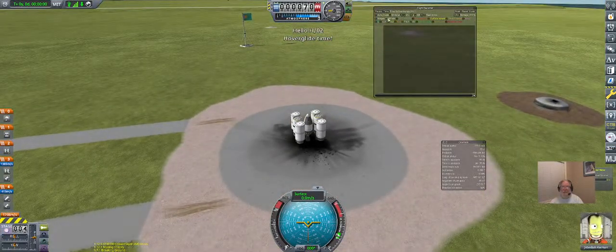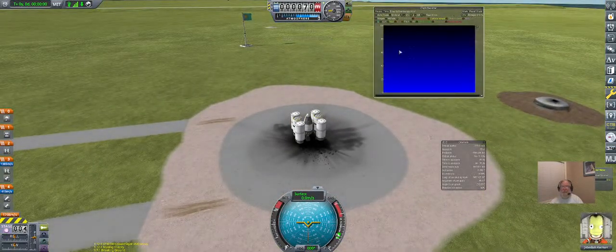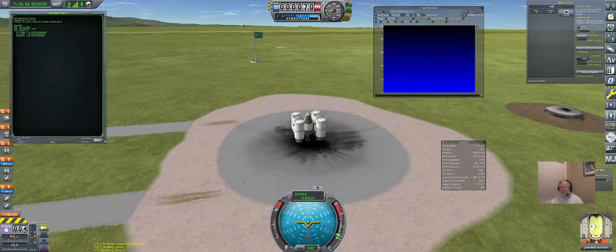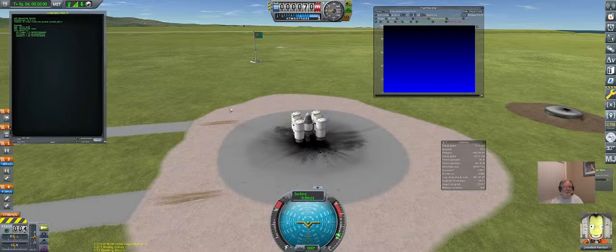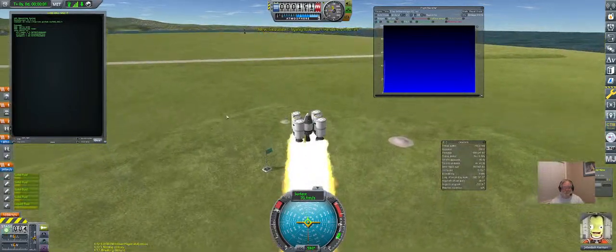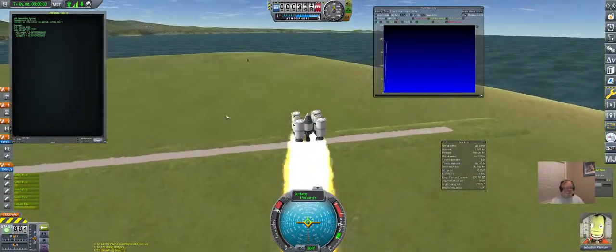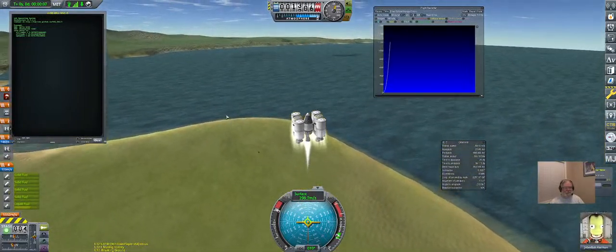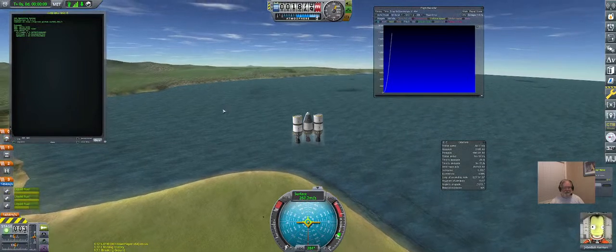So again, I'm going to toss up the flight recorder here and the debug console. And there we go, set complete.